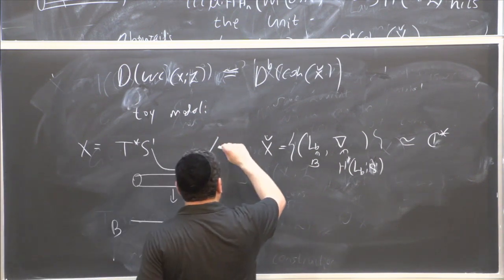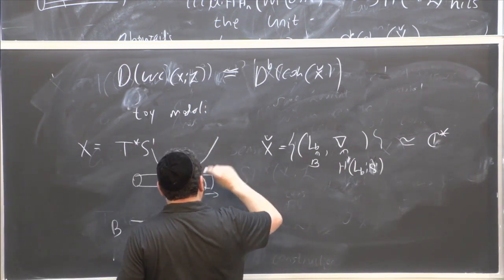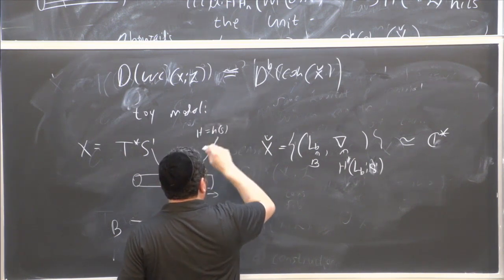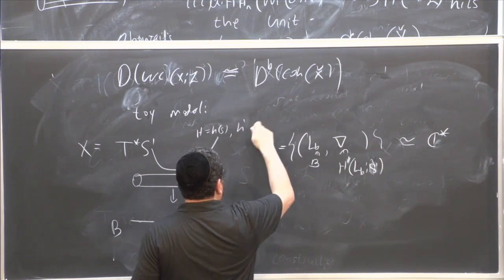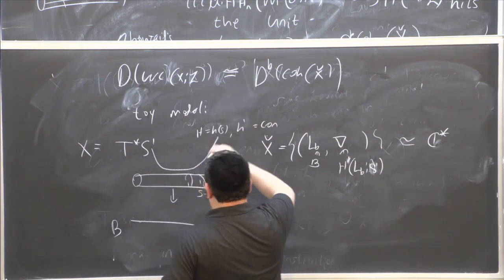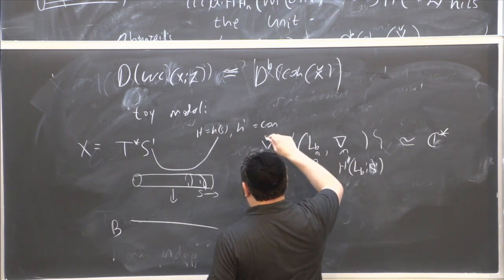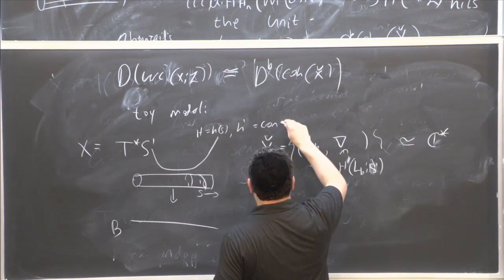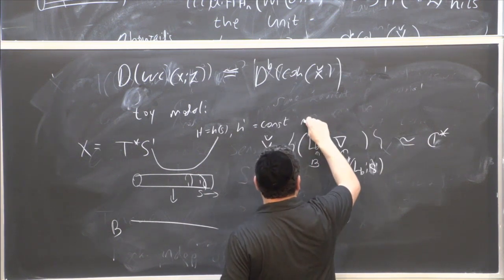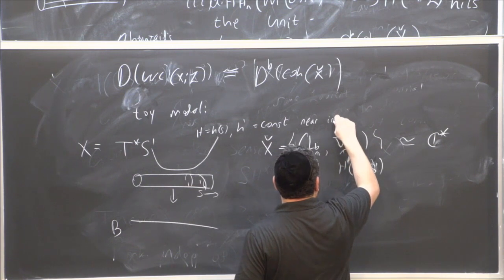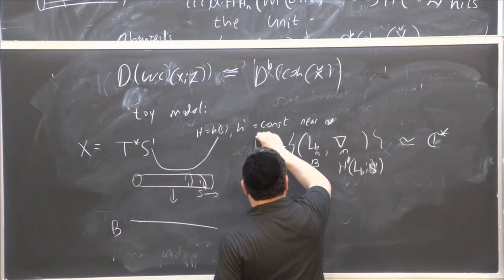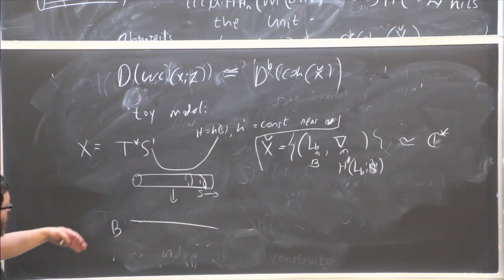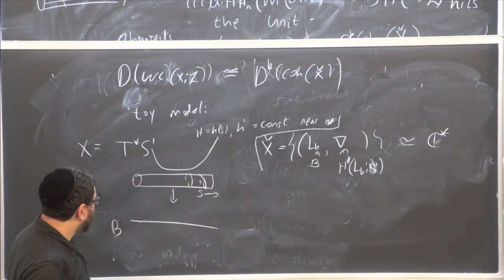Near infinity it's just a function h of this variable s, and its derivative is constant near infinity. So I take such a Hamiltonian.